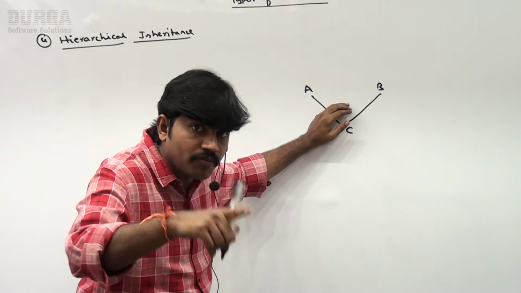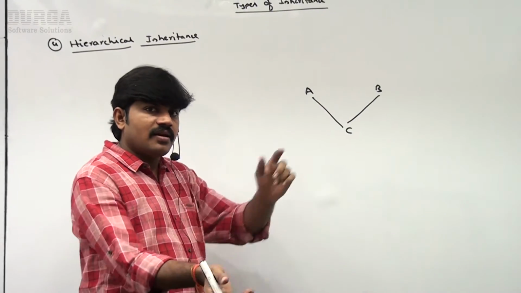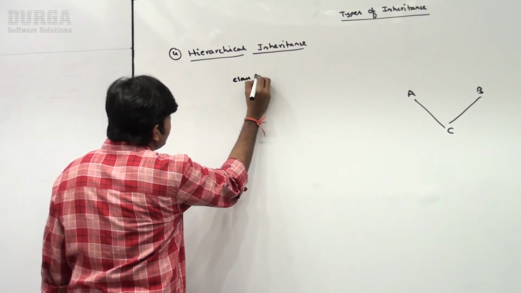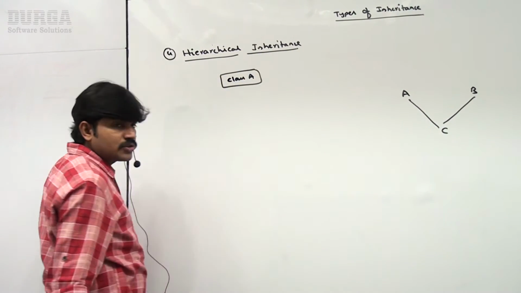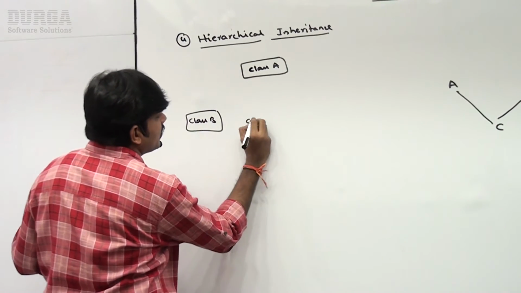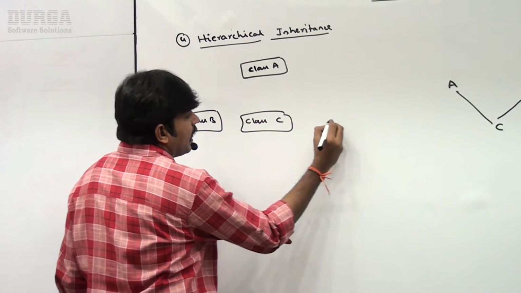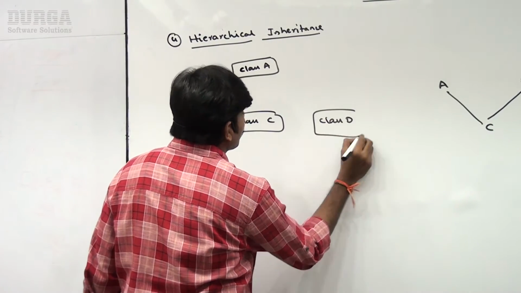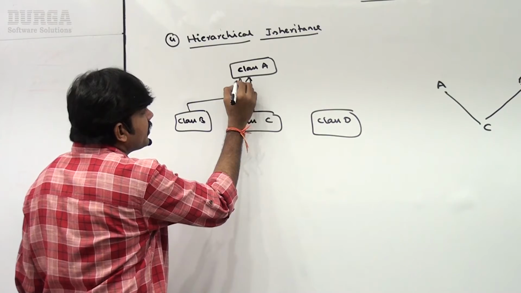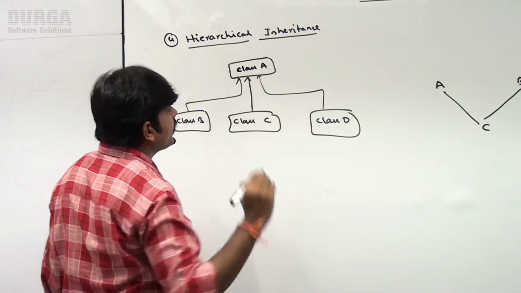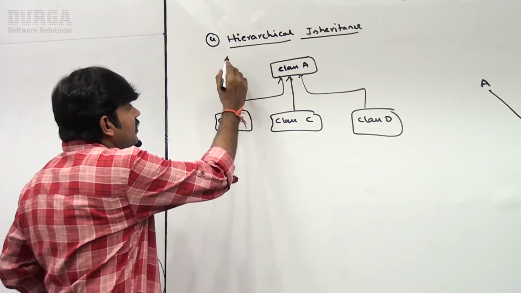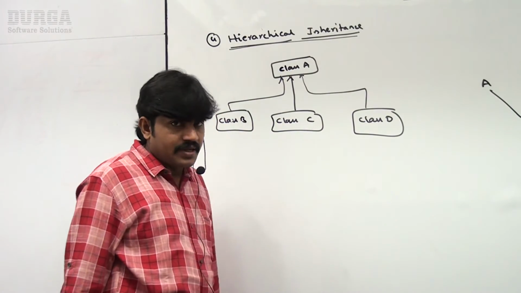But hierarchical is the reverse: from a single class, we extend multiple child classes, class B, class C, and class D. So from a single parent class, we are creating multiple child classes. This type of inheritance is nothing but hierarchical inheritance.